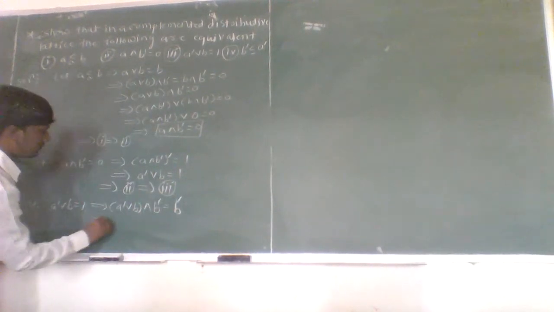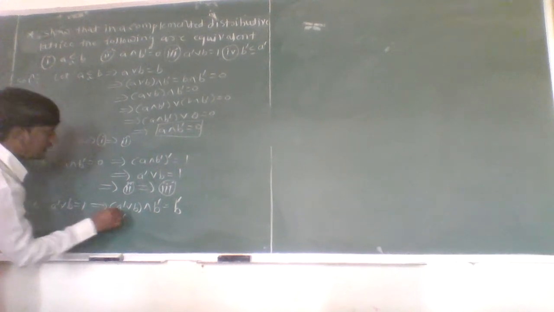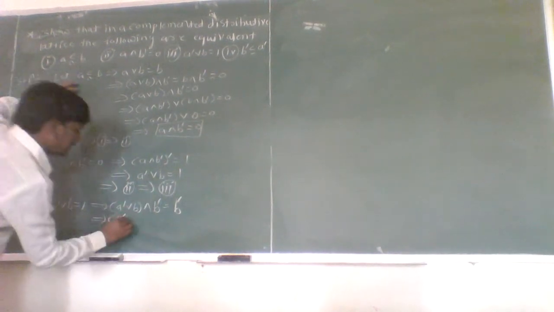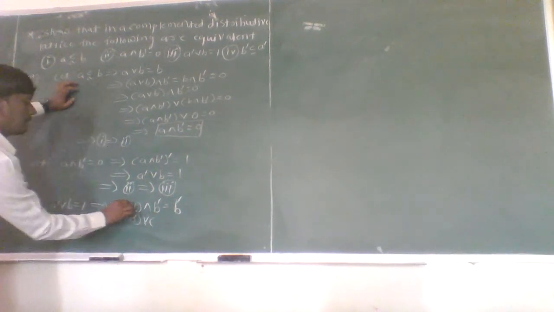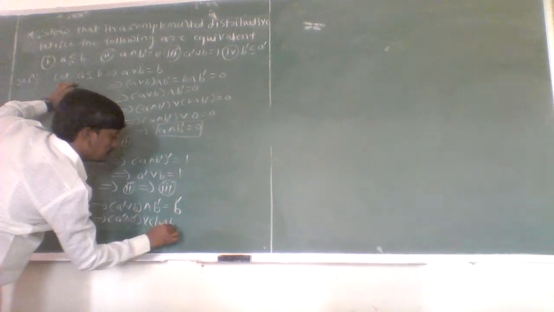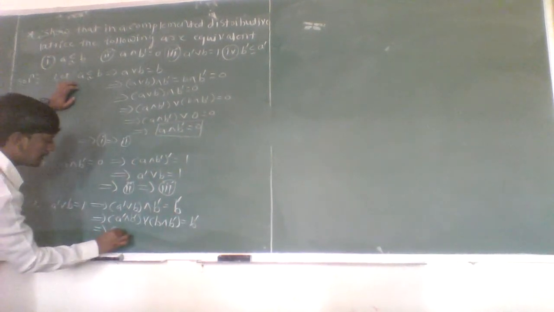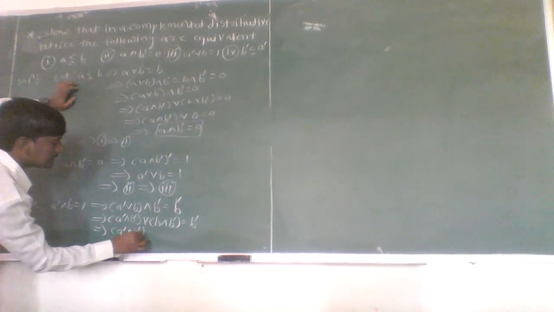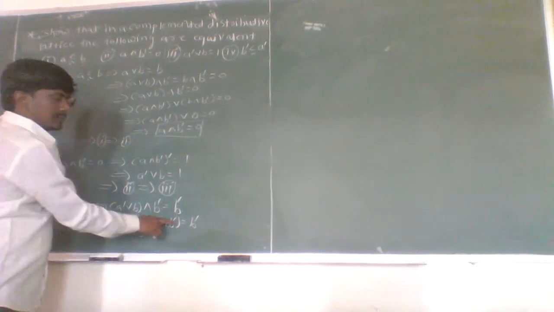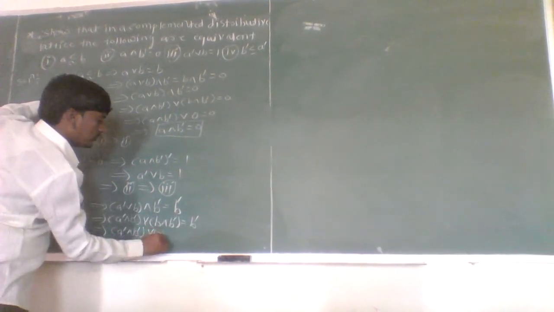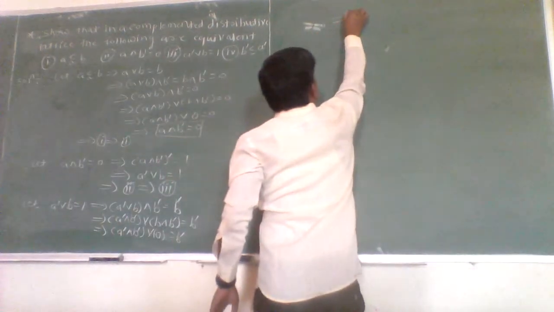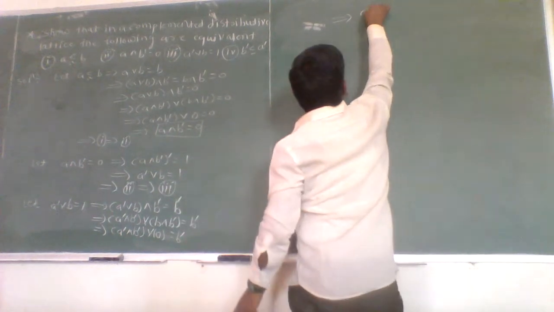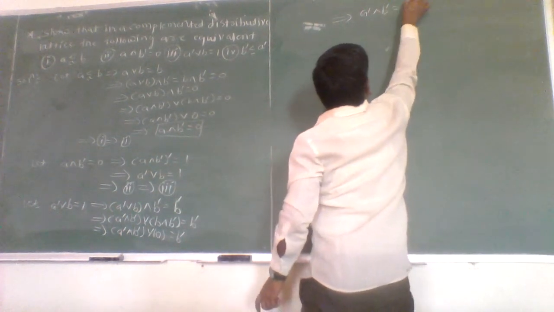Now this is (A dash meet B dash) join (B meet B dash) is equal to B dash, and as B dash is a complement, B meet B dash is 0, so A dash meet B dash is equal to B dash.